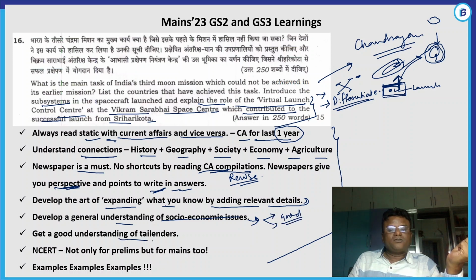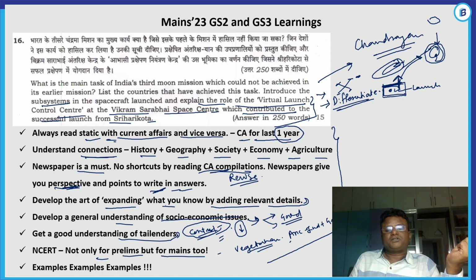Get a good understanding of tail enders, right? I talked about contrast. I have done a video, I will put the link in my description. Good understanding is important. If you do not focus on contrast, your marks will go down in that question. Not only for prelims but the vegetation question, right? Even I would say that ancient India and geography questions, you can answer based on NCERT, the foundational stone.